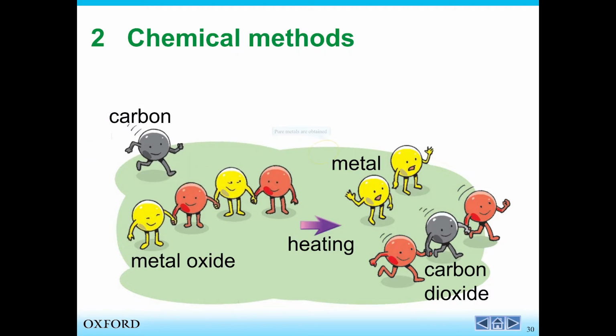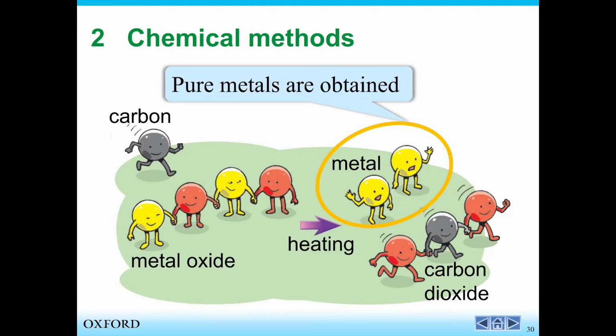So why is it called reduction? You can see the metal was first together with the oxygen, and now it is reduced. You can think of it as reduced in number. It was here first, now it's just by itself. That's why we call it carbon reduction, because we're using carbon to reduce the metal oxide.